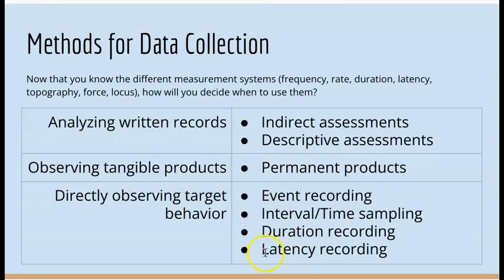So you would measure, the teacher says, what word, and how long does it take the learner to give you the response? Or the teacher might say, write your name. How long does it take for the learner to begin writing the first letter of their name? That's the latency between the task direction and the initiation of the response.